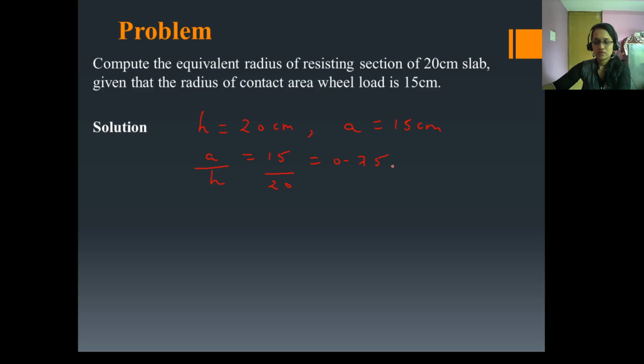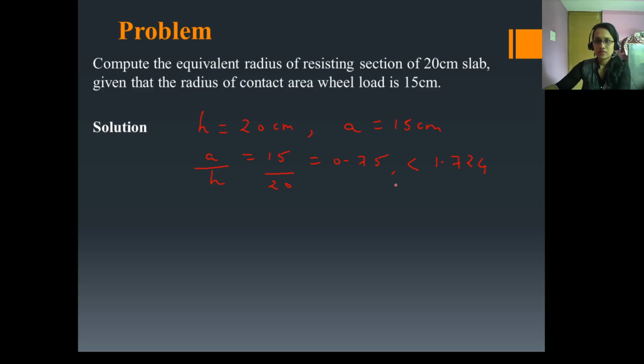This is less than 1.724. If a is greater than 1.724 h, the value of b will be equal to a.